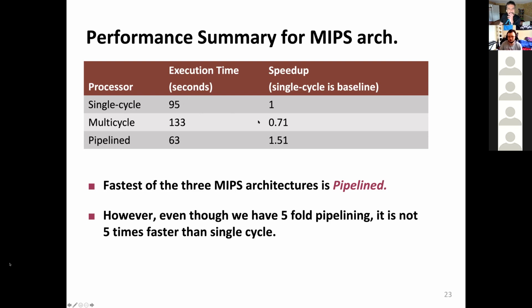And you see that even in multi-cycle, if you remember, by making it multi-cycle we got a larger execution time, or a speedup of less than 1, meaning the performance became worse as a result. We discussed this before when we had the multi-cycle.